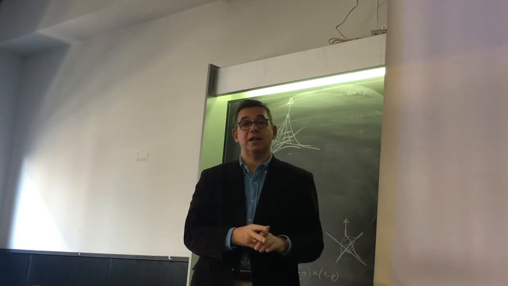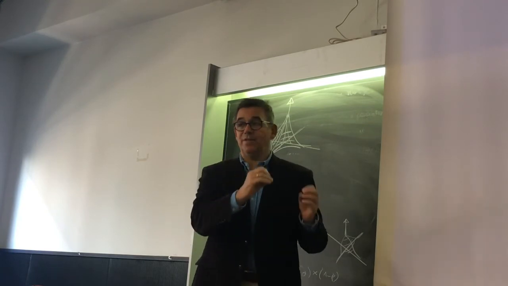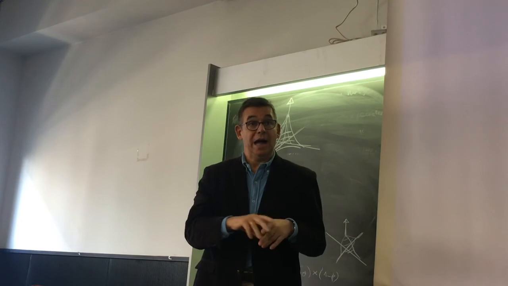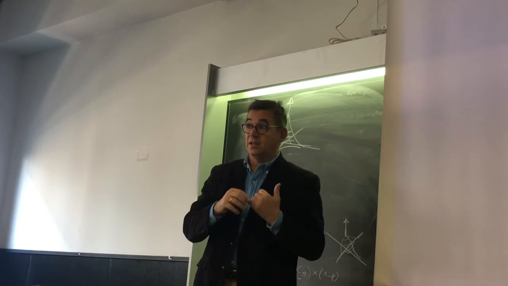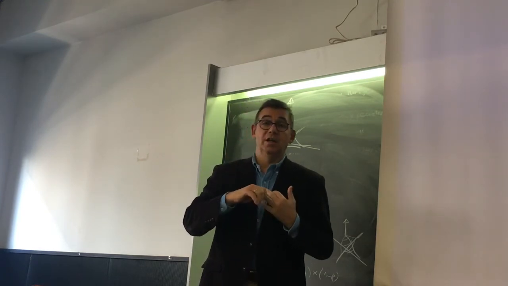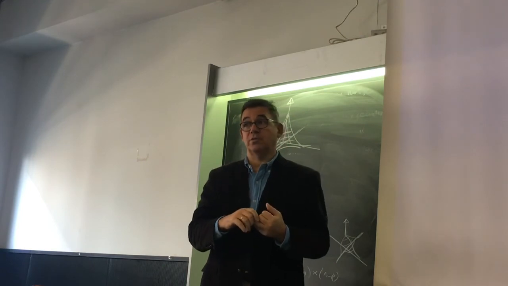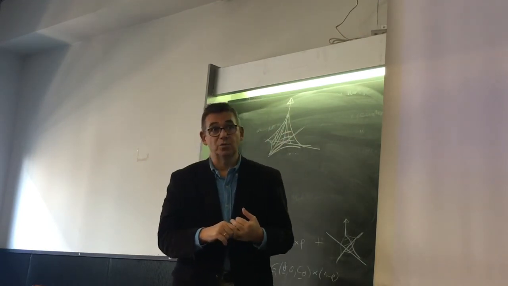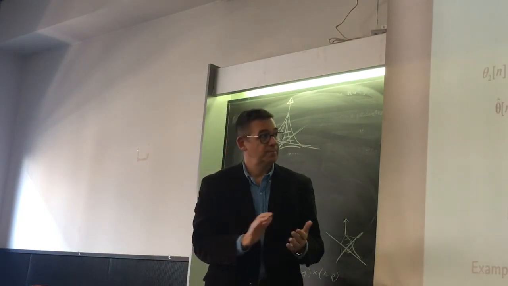So the Kalman filter is a special case of Bayesian tracking under the setting that the filter is linear and all the random quantities that we are dealing with are multivariate Gaussian.